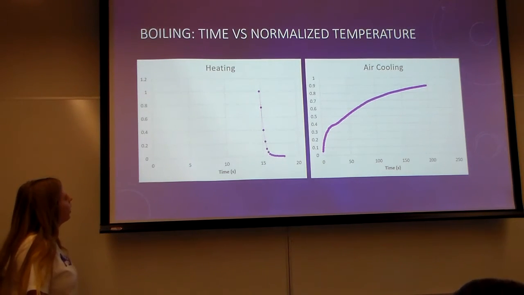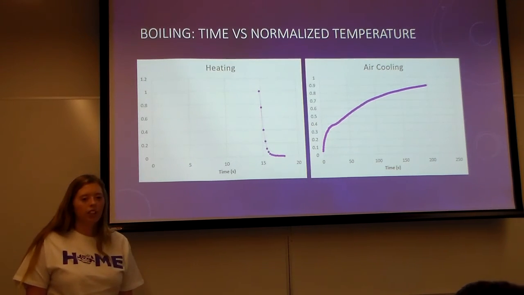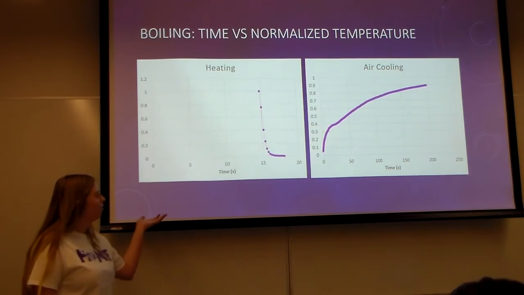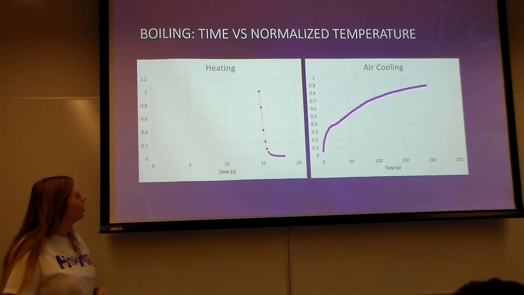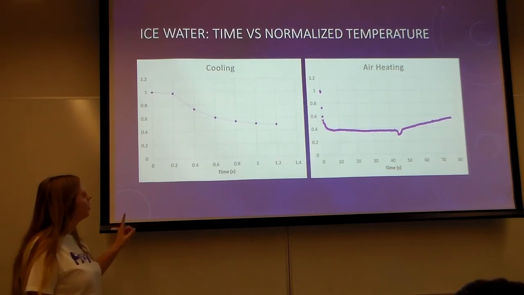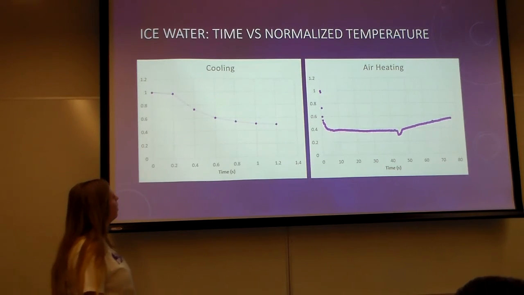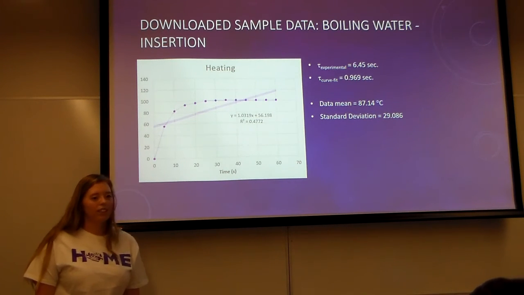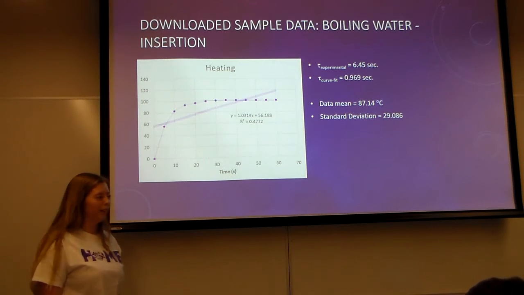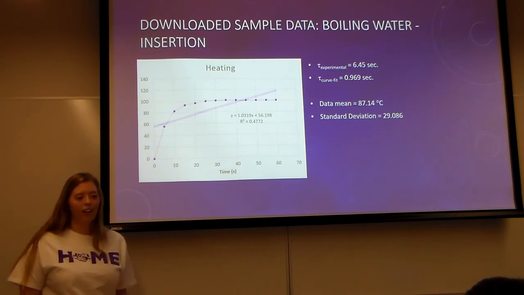Then I graphed the time versus the normalized temperature, the heating versus the cooling. This is the insertion, and this is the removal, the cooling and the air heating. At the end, it wanted us to download 4 different sets of data from the same experiment, but I could only find 2 of the removal from the boiling water.